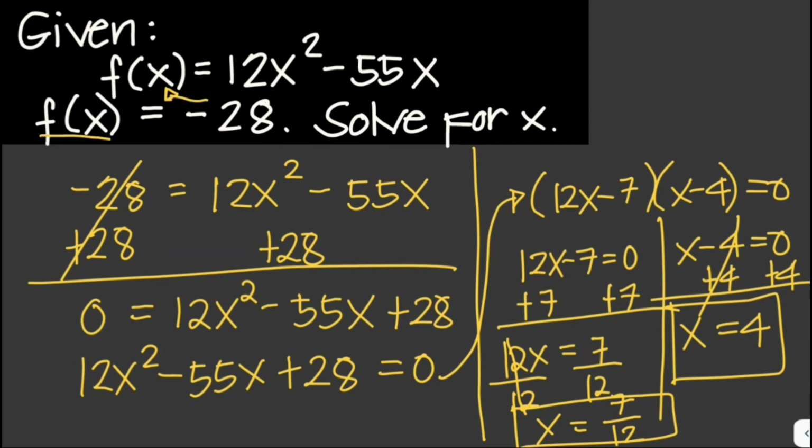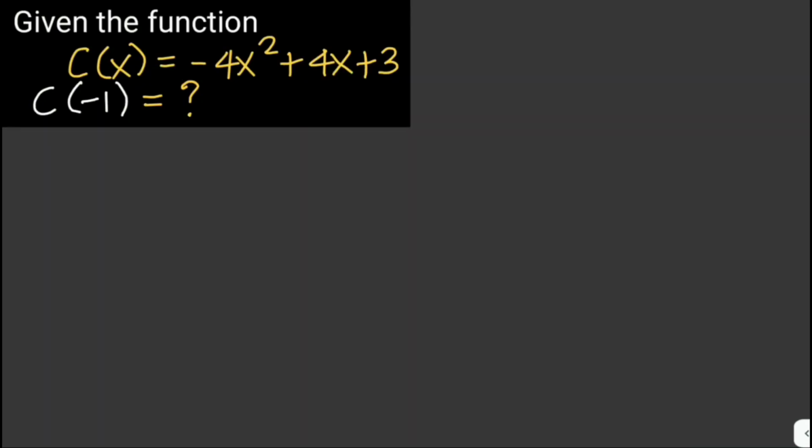Okay, let's solve another problem. We're given here the function c of x equals negative 4x squared plus 4x plus 3, and then we solve for c of negative 1. In this case, we're given the value of x, which is equal to negative 1, and then we solve for the value of y, or our c of x.